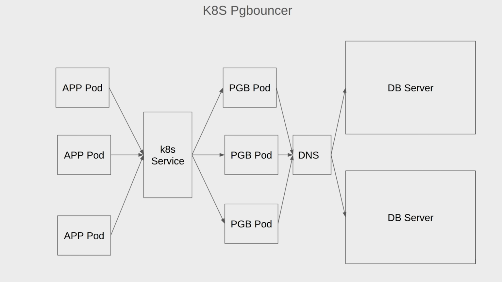Yeah, so finally we came to the most obvious scheme. We have PGBouncer running in Kubernetes as an application. We can distribute the load via a Kubernetes service, and we can have it connect to a database which runs on its own dedicated virtual machine.